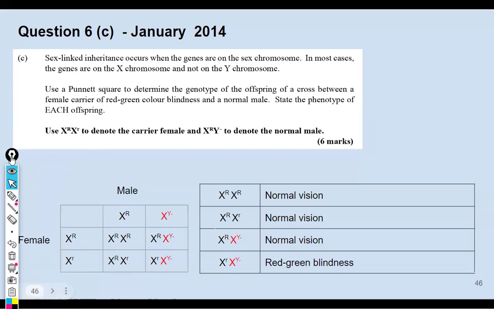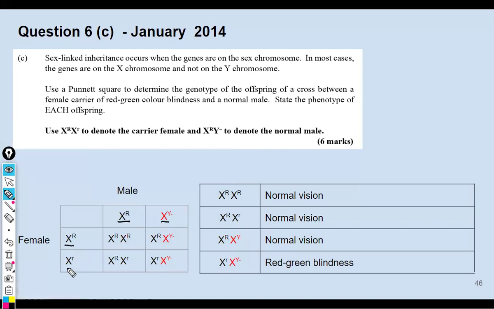Remember, the male has X capital R and the Y, and the female is X capital R and X common R. So these are all the different genotypes you can get, all the different combinations. Now, a person with X capital R, X capital R, both of them capital, will have normal vision because that's homozygous dominant.